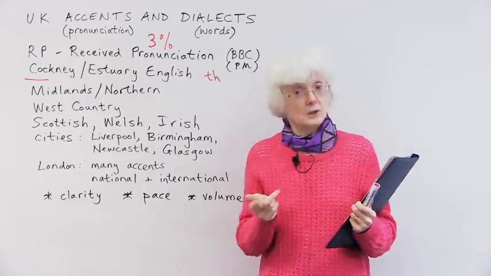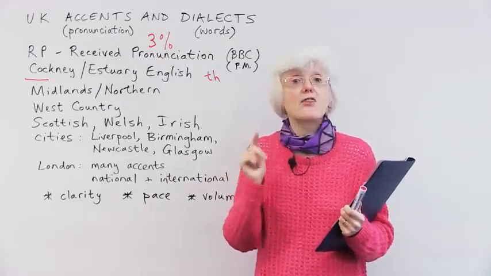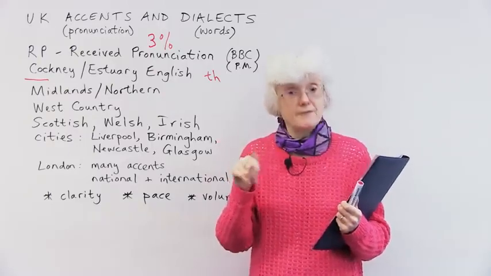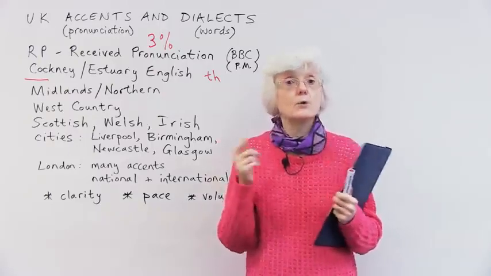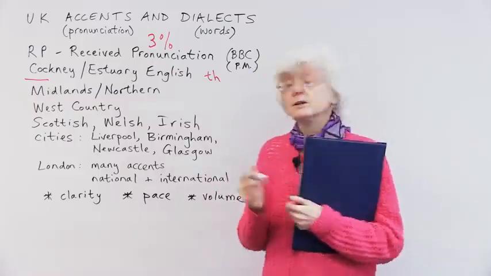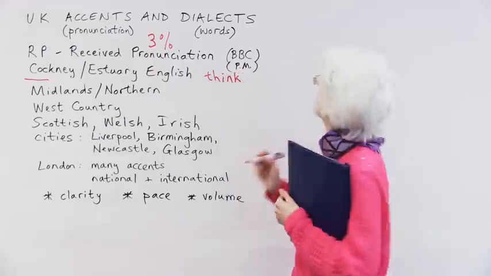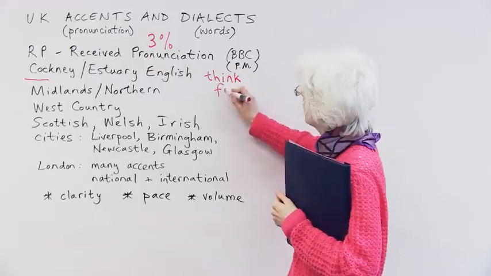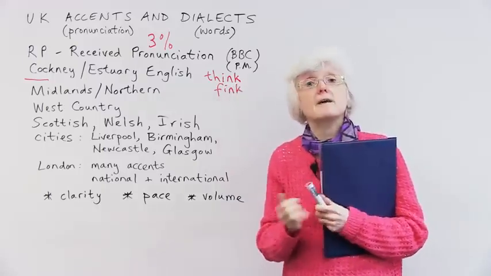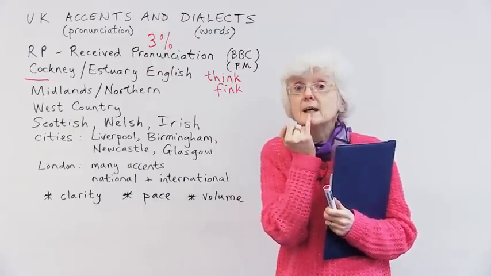But a Cockney person may not use the th. They will use an F sound or a V sound instead. So the word think, I think, they would say it like that, fink, and the top teeth are on the bottom lip, fink.